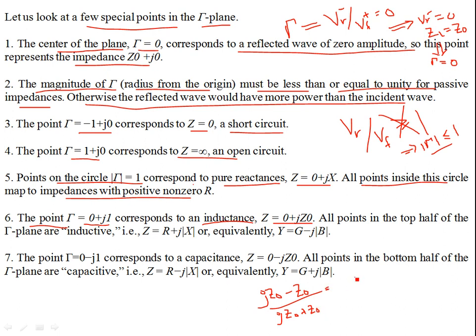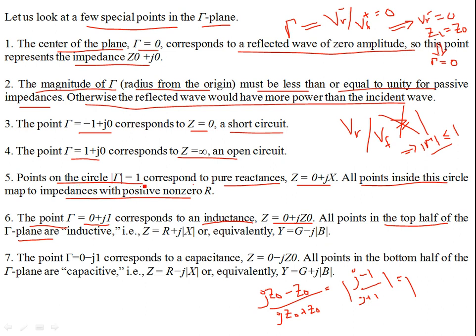You see, this is j minus 1, then you have j plus 1, so again the magnitude is equal to 1. They are going to cancel out, so it's 1.